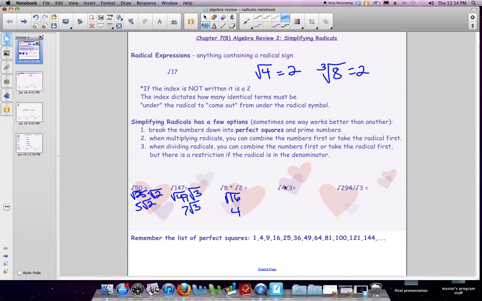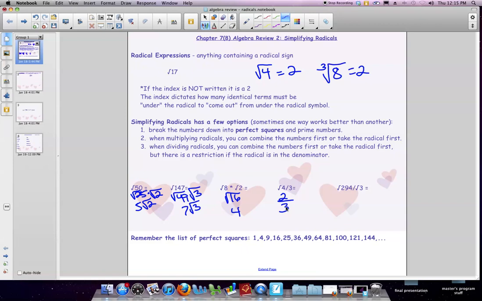In this case, the square root of 4 is on the top and the 3 is on the bottom. Since there are no parentheses around these, only the 4 is under the square root, the 3 is not. So I can easily take the square root of 4 outside of the radical sign and get 2 over 3, and then I can either divide it out and get my decimal, or I can leave it as 2/3.